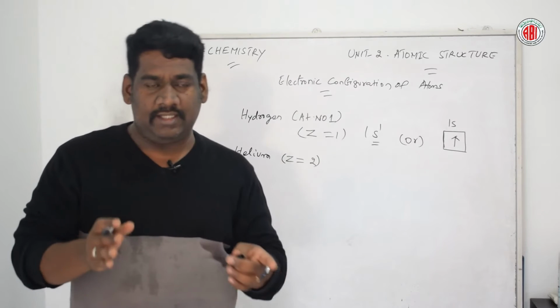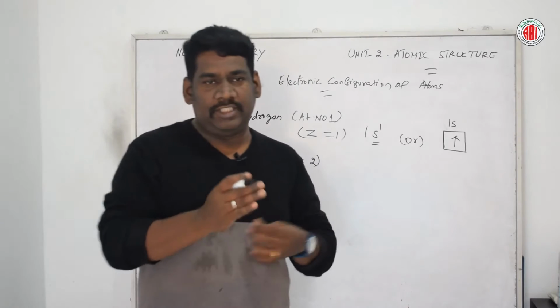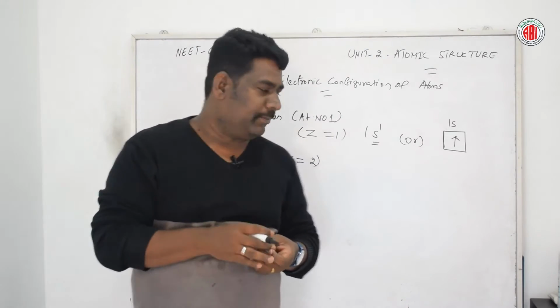The two electrons must have opposite spins according to Pauli's exclusion principle.